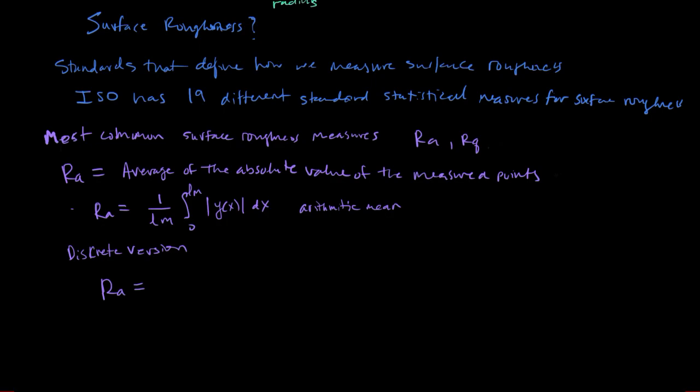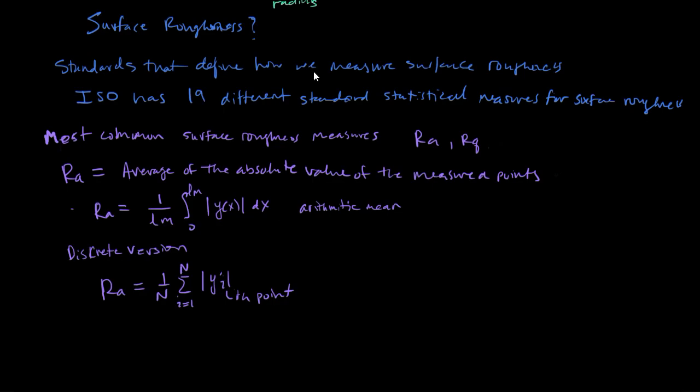The discrete version is simply the arithmetic mean, which is 1 over n times the sum of the points from i equals 1 to n of the absolute value of yi. Okay, and this would be your ith point. All right, so that's RA.